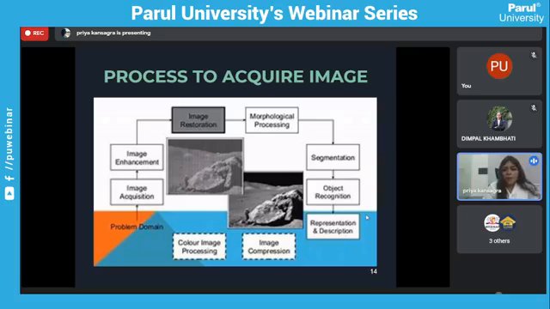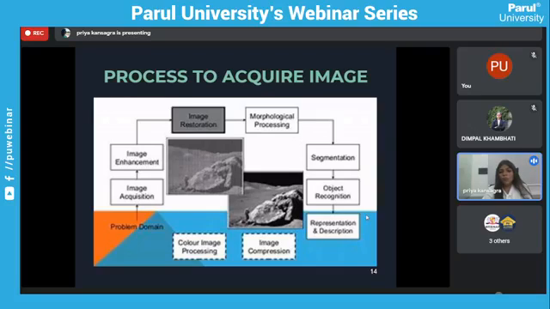Now we have segmentation. Segmentation is where an image is converted into multiple segments, and it then proceeds to object recognition. In segmentation, since there are already multiple segments, it is very easy to get object recognition. Once we get object recognition, we will have a description of the object, what it is exactly and how it looks, because in many images we are not able to tell by looking at them.